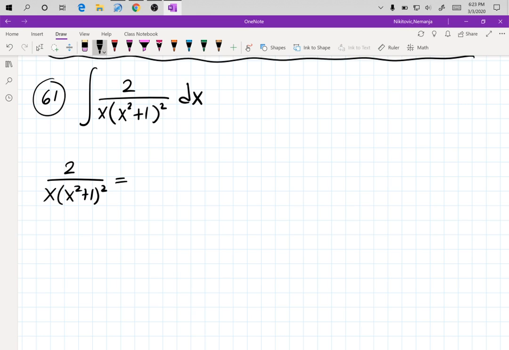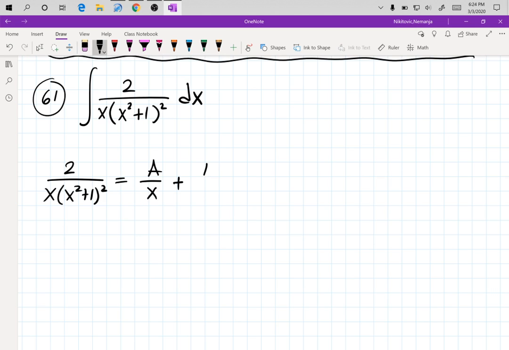And we have to set up. We have A over x. That's the linear term, case 1. And then what do you have here? You can't factor it, which means it's one of the quadratics, and it's squared, which means case 4. Very good, case 4.